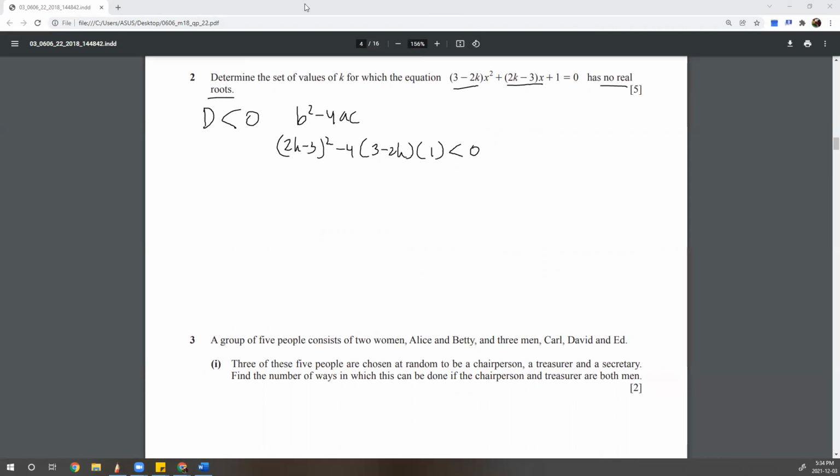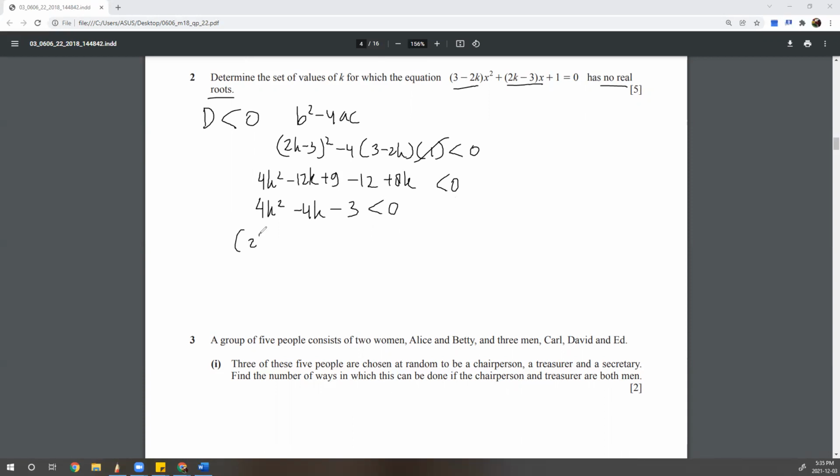So, give me a moment. Okay, next. So, for K squared minus 12K plus 9, you multiply by 1, won't it? So, minus 12 plus 8K less than 0. So, for K squared minus 4K minus 3, right? Less than 0. So, what next?